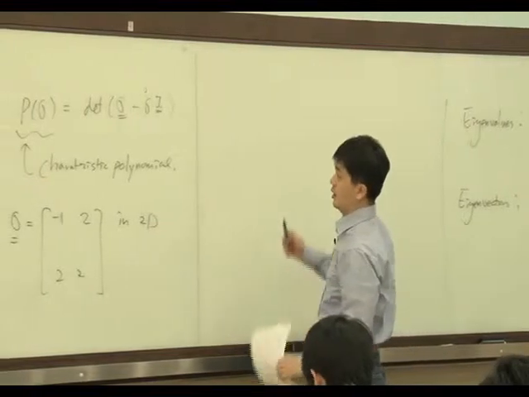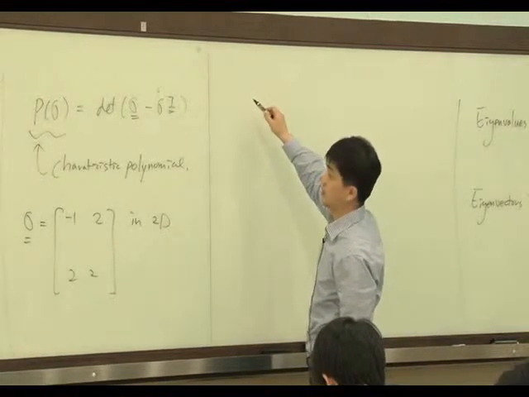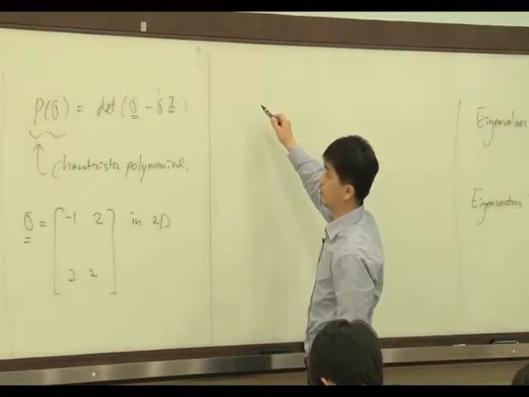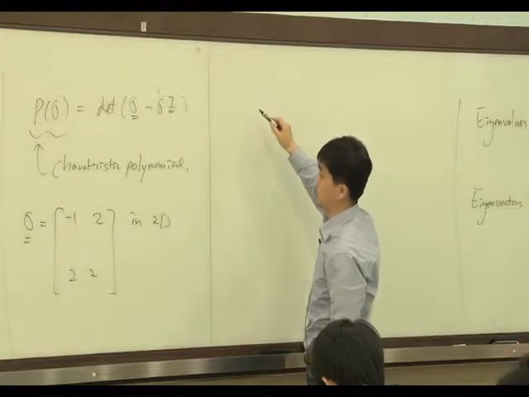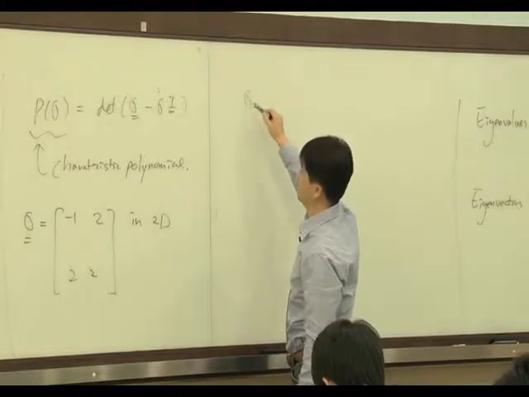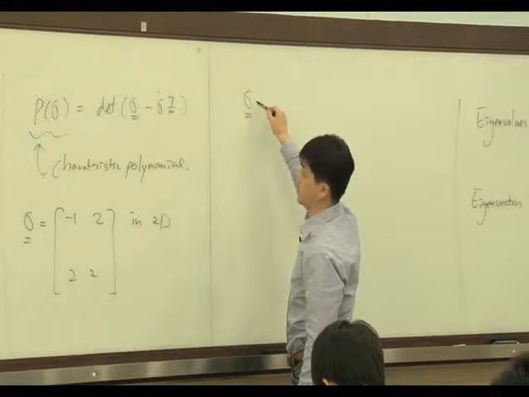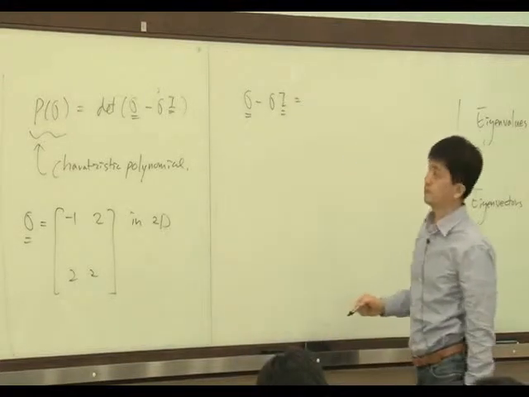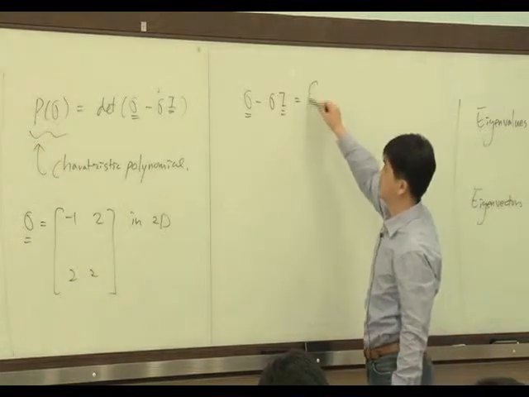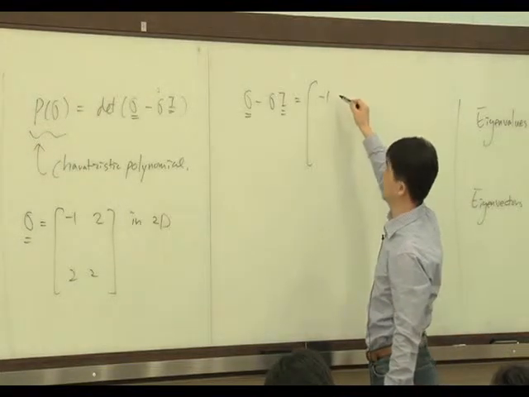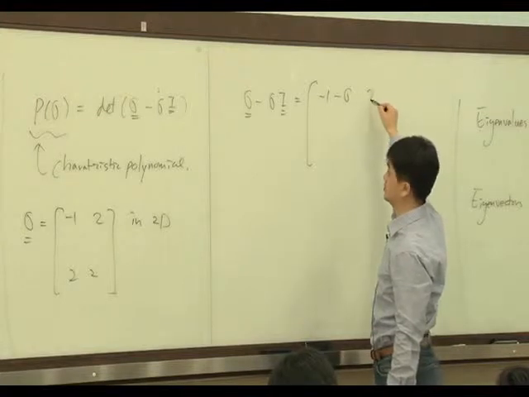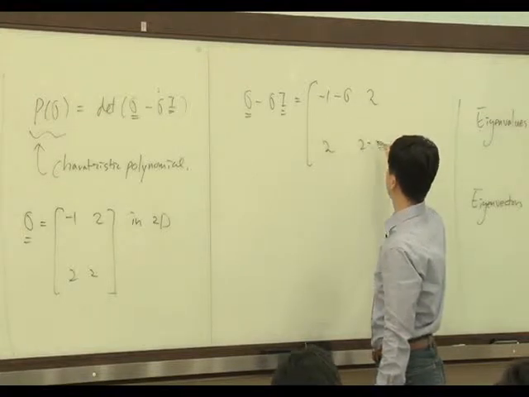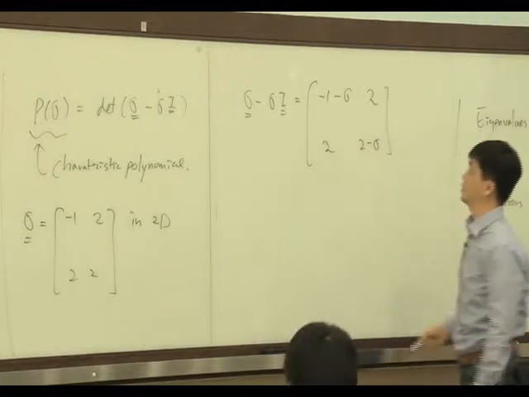Okay, this 2D problem. Then we need to solve the stress minus sigma I, which becomes -1 minus sigma, 2, 2, 2 minus sigma, right?